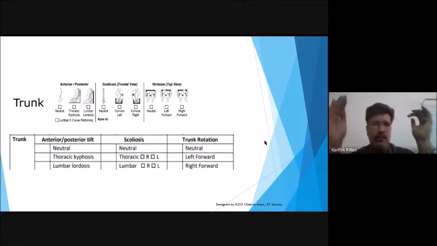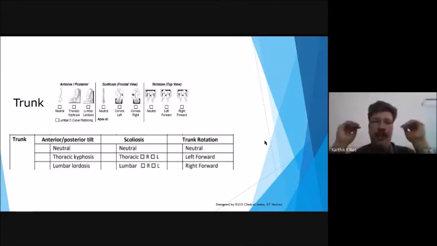The convexity is noted, and then we note down whether it is in the thoracic part or the lumbar part, and which side it is, right or left. And then we also look at the rotation from the top view and see for the trunk whether the person, when leaning on the wall, is able to maintain a very good alignment, or one side is forward compared to the other.